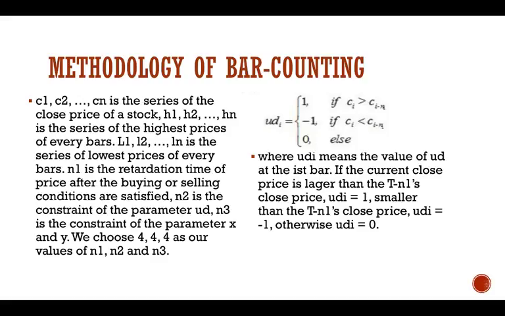N1 is a retardation time of price after the buying or selling conditions are satisfied. N2 is a constraint of the parameter of UD, while N3 is a constraint of the parameter x and y, which we'll explain below. And we choose 4, 4, 4 as our values of N1, N2, and N3.